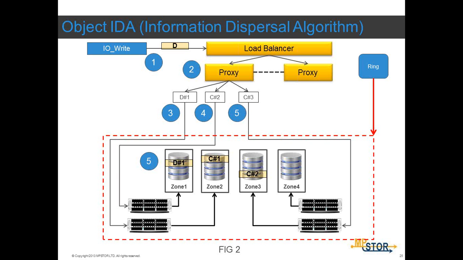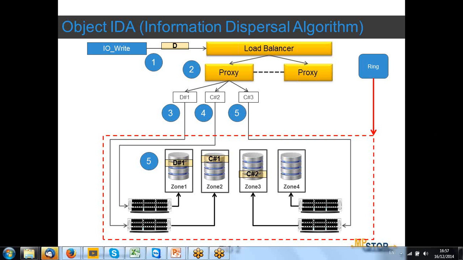So information dispersal tries to map your IOs and split your IOs up over a large number of storage nodes. By doing that, you bring into operation a larger number of arrays when you're doing IOs.